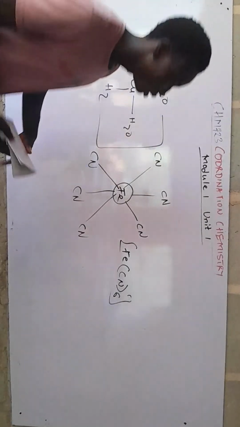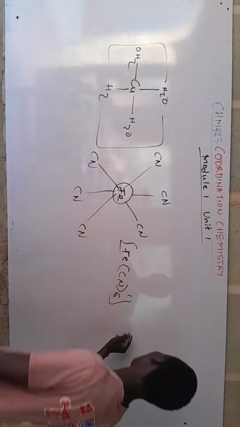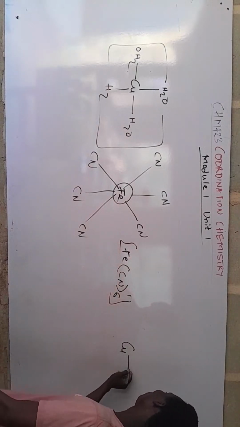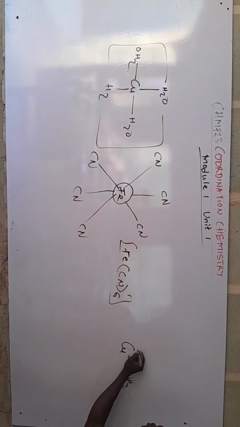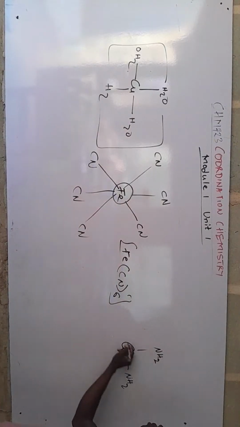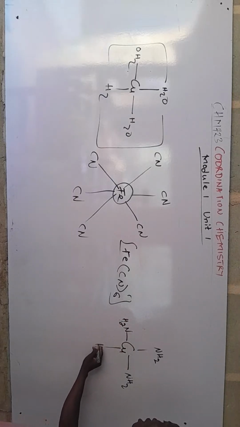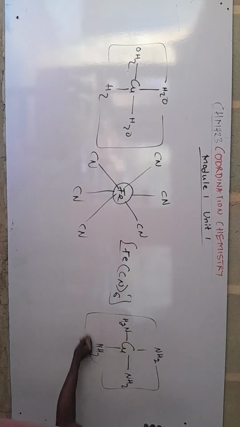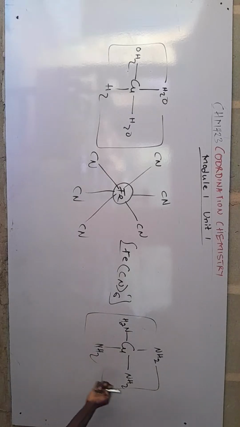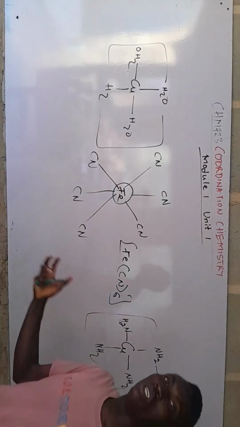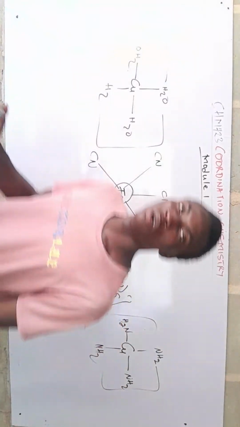We also have copper(II) tetraamine, where we have Cu in the middle surrounded by NH3 groups. All of this is copper(II) tetraamine. This is also a complex ion on its own, under what we call coordinate compounds.